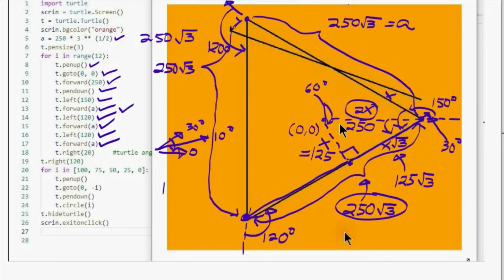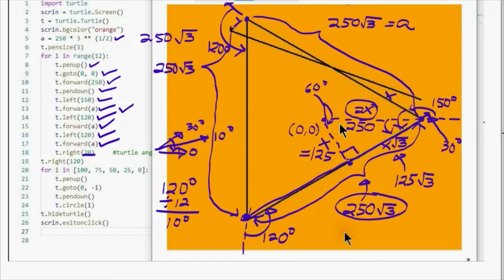So 120 degrees divided by 12 is going to be 10 degrees. So what happens here is 30 degrees, the original orientation, minus 10 degrees here, it's gonna be 20 degrees. This one here, 20. Okay, this iteration is repeated 12 times, so there will be 12 triangles like this.